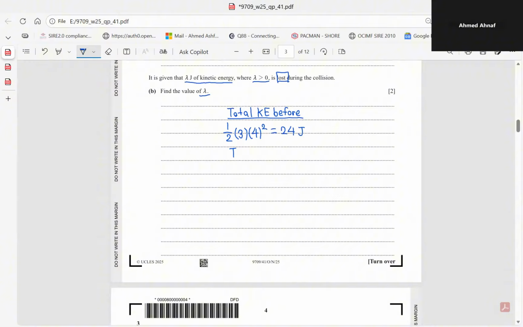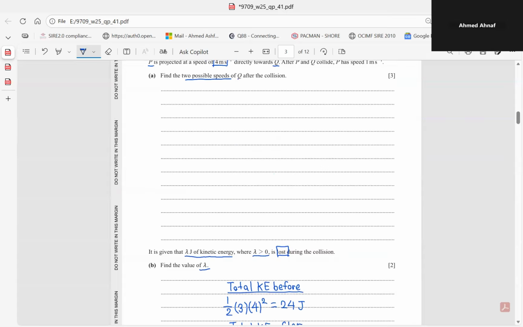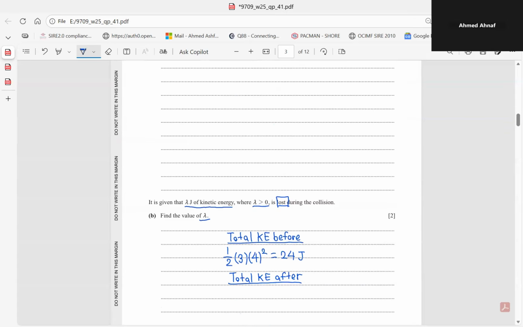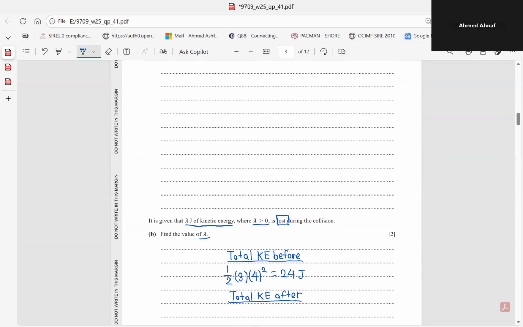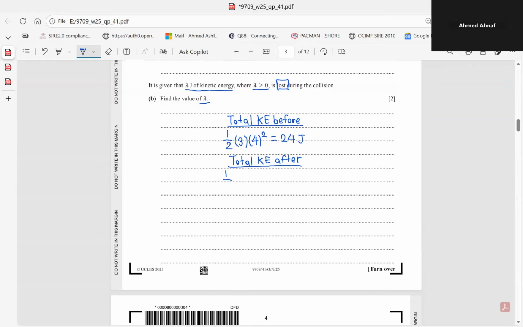Now let's find the total KE after. Because we have 2 possible speeds for Q, naturally there would be 2 values of the new KE. Okay, so let's find both of them and then we'll figure out which one it is.